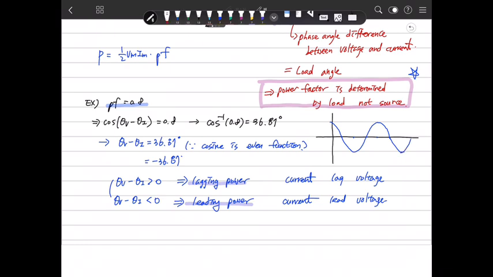The current looks like that. And this is lagging. I mean, the current is lagging. This is lagging power.